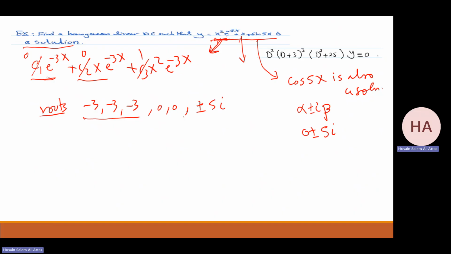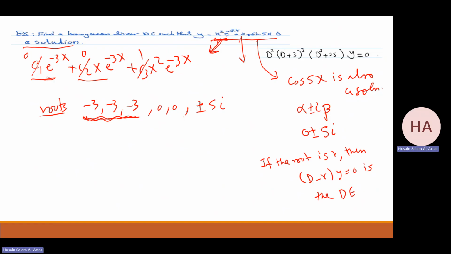So now I need to find the equation. Maybe it's good to write it as an operator. It will be easy to do. If the root is r, then D minus r applied to y equals 0 is the equation.